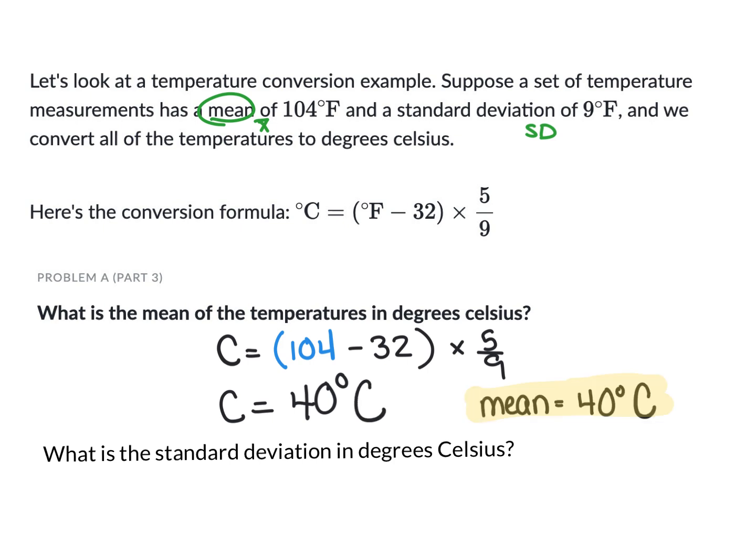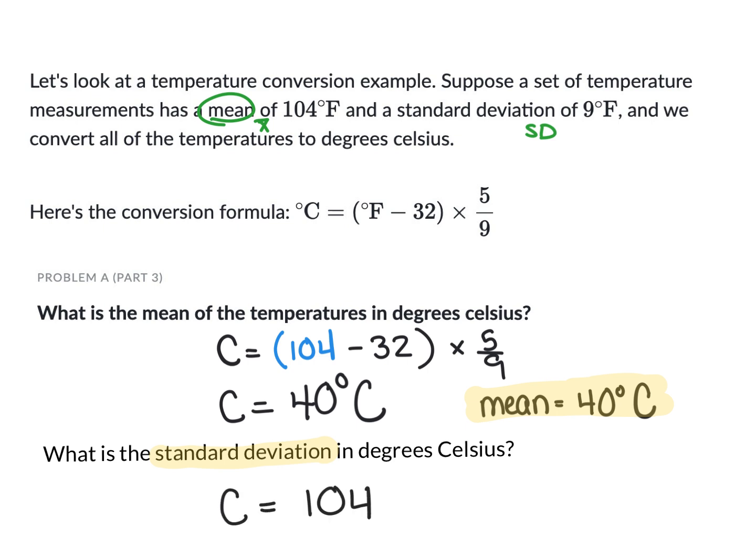The second question is, what is the standard deviation in degrees Celsius? So standard deviation is a measure of variability, and this is the one you have to be careful with. So measures of variability are only affected by multiplication or division. Therefore, when I plug into the formula, I am not going to do the subtraction part.